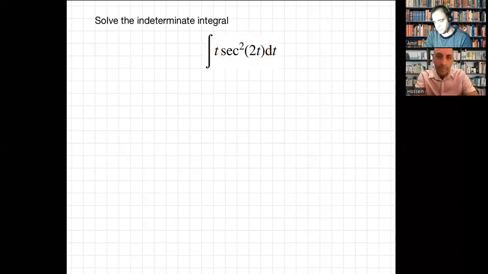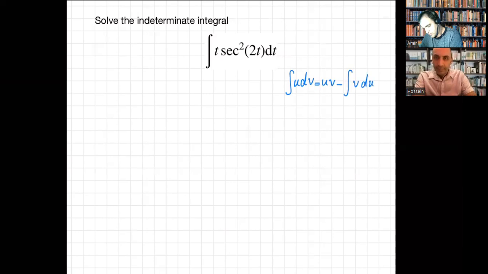So in such circumstances, it's more efficient and better to use integration by parts. As we know, the relationship for that is the integral of u dv equals uv minus the integral of v du.